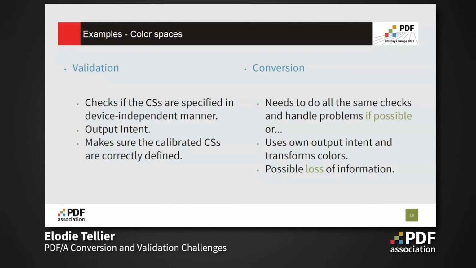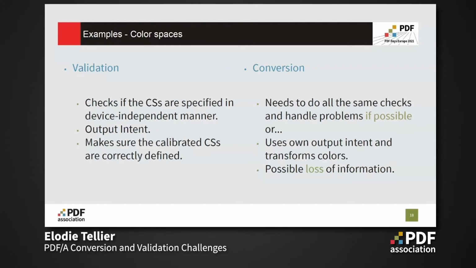Conversion again can handle potential problems in different ways. In case a single device-dependent color space is used throughout the document, we can simply provide a calibrated ICC profile and create the corresponding output intent. Or in case we have multiple types of color spaces, we can remap them to default color spaces.